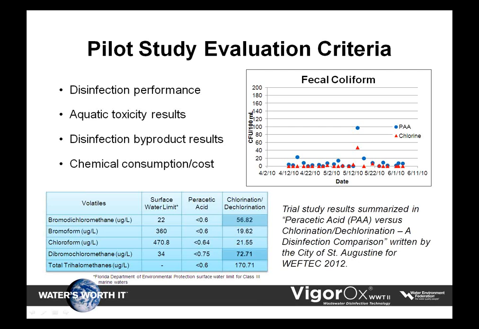But you can see that our fecal coliform results were almost equivalent from peracetic acid to the chlorine, and also our disinfection byproducts were much, much less with the peracetic acid. They were non-detect versus the chlorination and dechlorination, which were actually above some of the surface water limits.